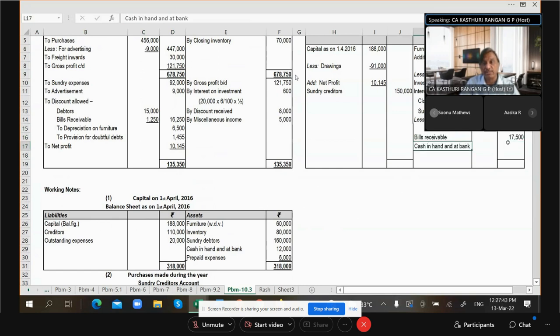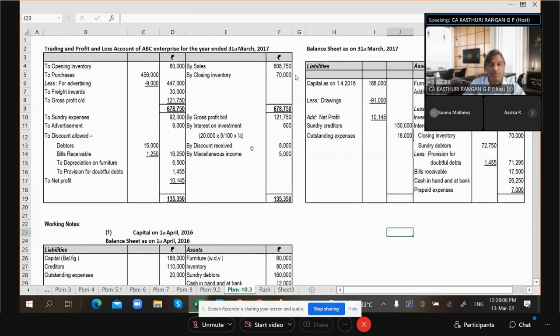What is the closing cash given in the problem? 26,250 already given. Based on that only we found out the additional drawing. Similarly, we have prepaid expense closing balance 7,000. Outstanding expense closing balance 18,000.